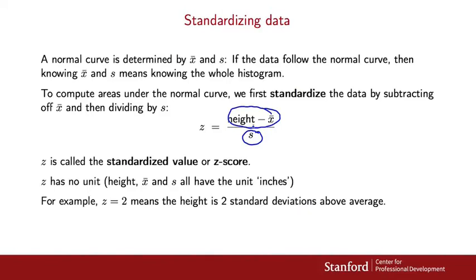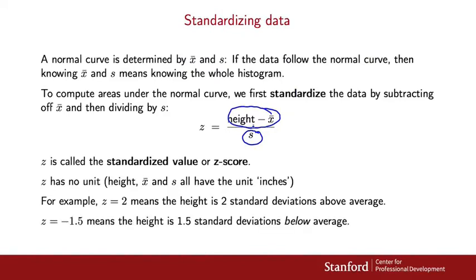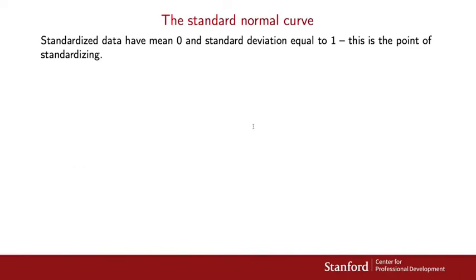For example, if z equals 2, that means the height is 2 standard deviations above average. If z is negative 1.5, then we know that the height is 1.5 standard deviations below average. Once we standardize the data, they have mean 0 and standard deviation equal to 1. This is the whole point of the exercise.